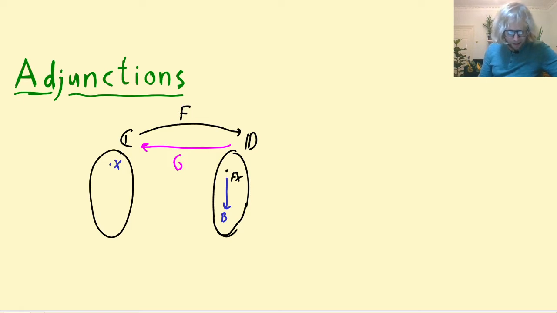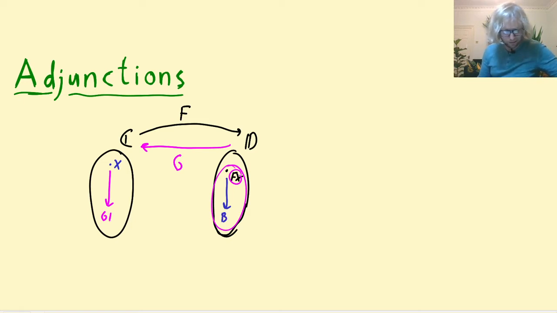But I could still be in a quite good situation where I can't map all of this across, but I can see that functions out of F of X is the same thing as functions into G of B, where this B is the same as this one, right?